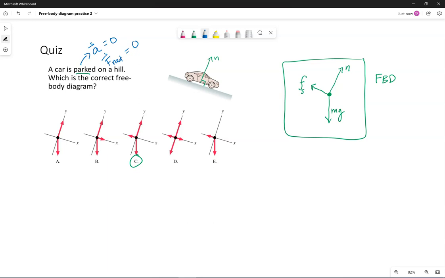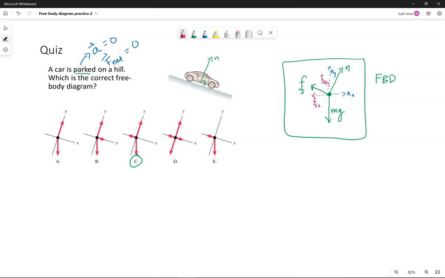We mean that the forces need to balance each other out. Now we can totally break the normal force into an X component and a Y component, and then friction into an X component and a Y component.